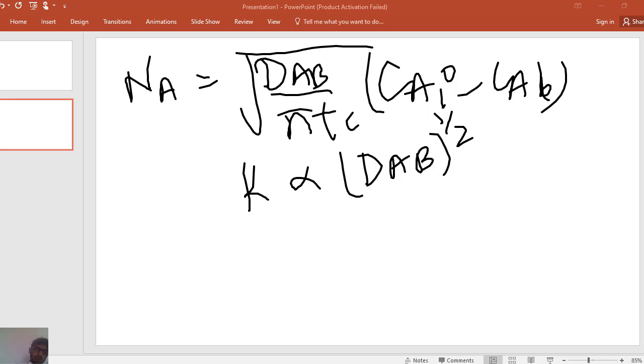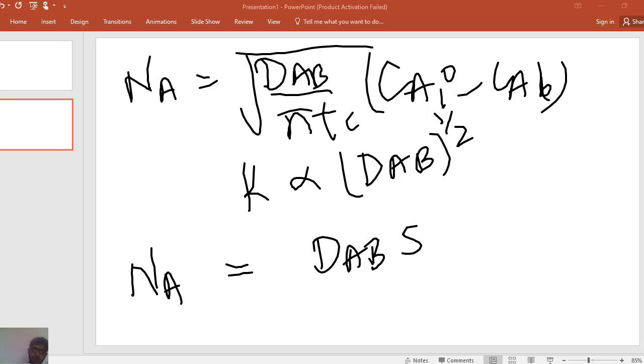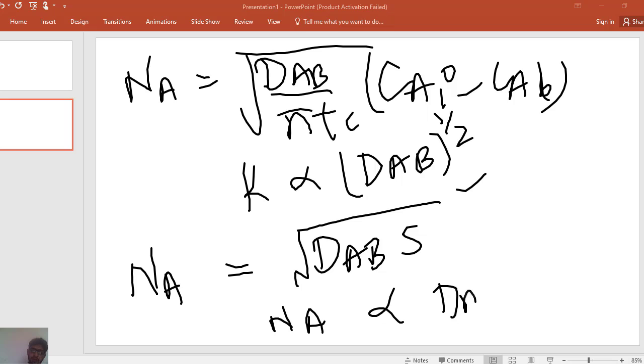Similarly, in the surface renewal theory, the mass flux of component A is equal to the square root of the diffusivity of component A in B into the fractional area of surface renewal, S. So in this case the flux of A is also directly proportional to the diffusivity of A in B to the power of 1 over 2.